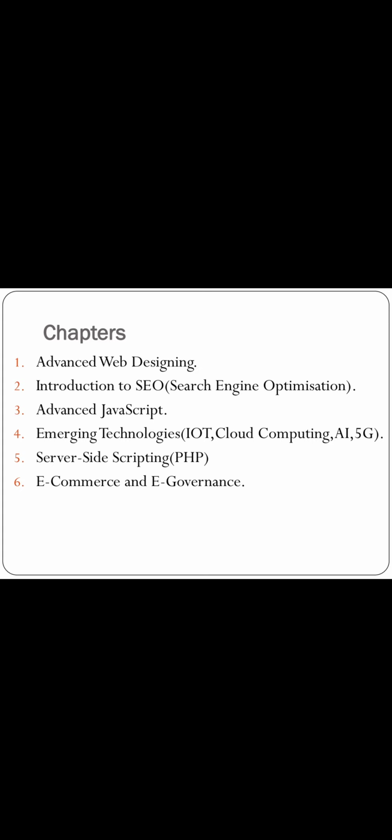Now coming to the second chapter, it is introduction to SEO. Now what is this SEO? SEO means search engine optimization. We all use search engines. Any examples coming to your mind? Right, we use Google, Yahoo to search for our information. So what is search engine optimization?